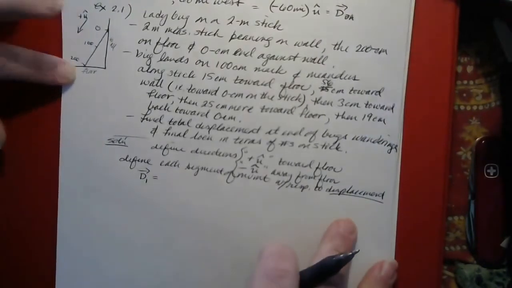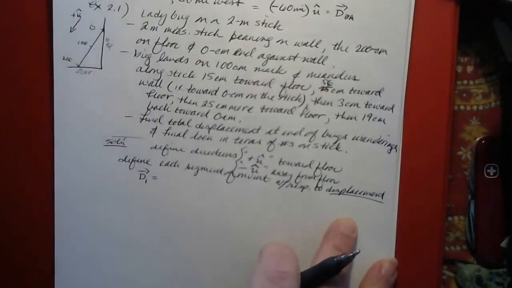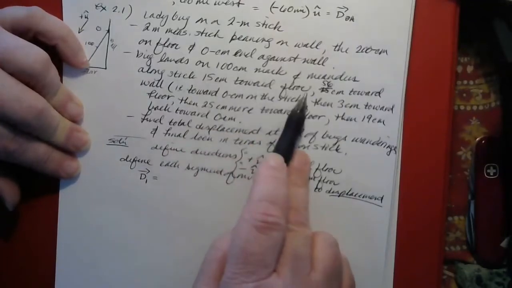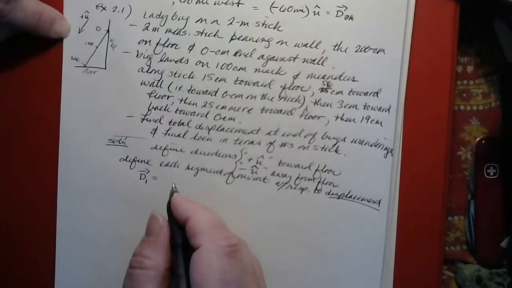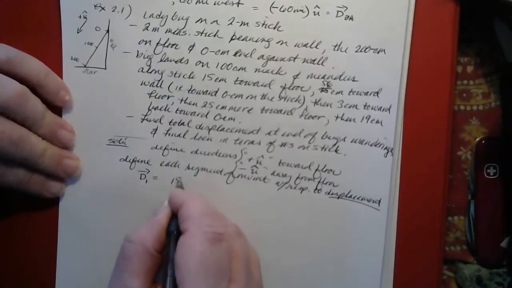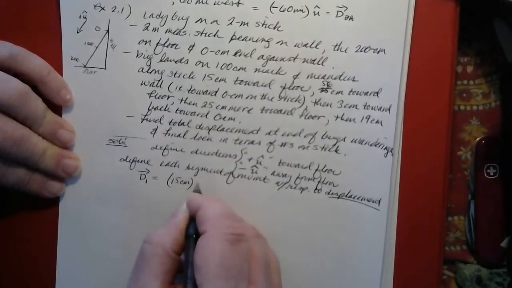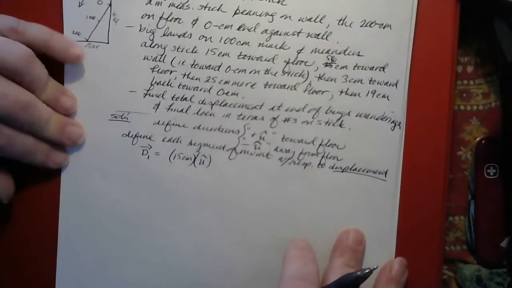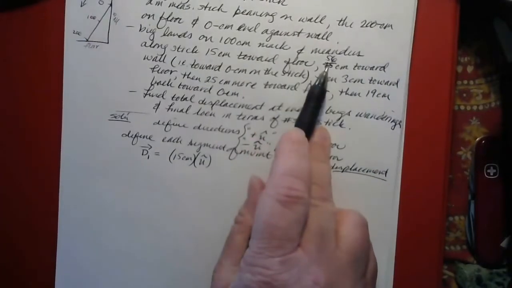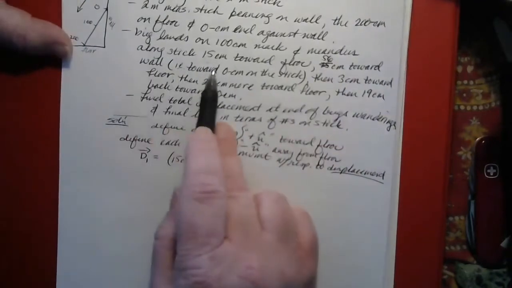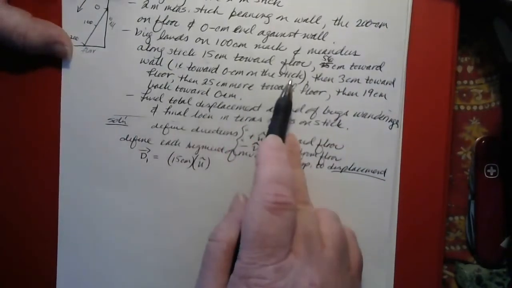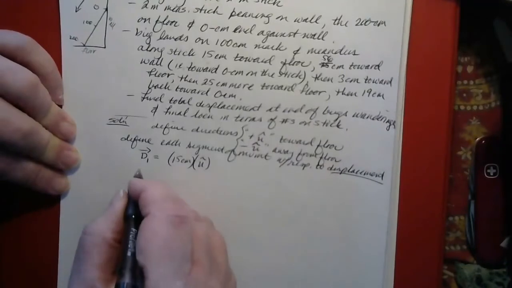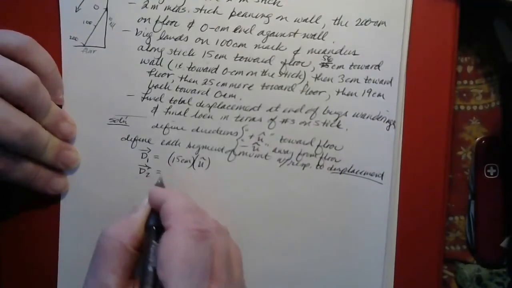So the vector for displacement in the first bit of movement was, the problem says, the bug lands on 100 and goes 15 centimeters toward the floor. Toward the floor is a positive direction, so we're going to call this 15 centimeters times the positive unit vector. Of course, when it's positive, you don't have to actually write plus to convey that. Then it goes 15 centimeters away from the floor, or toward the 0 centimeter mark on the stick, and that would be the negative direction as we've defined it.